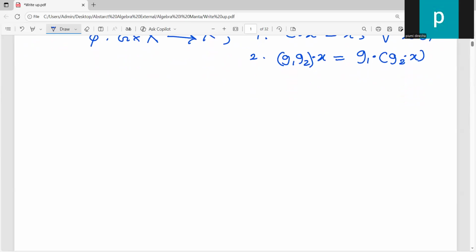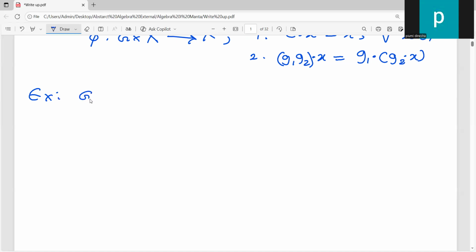Okay, so we were actually discussing this last example which we couldn't finish.